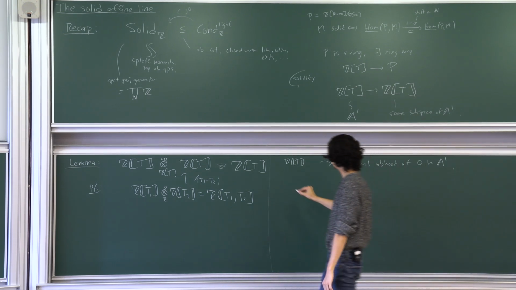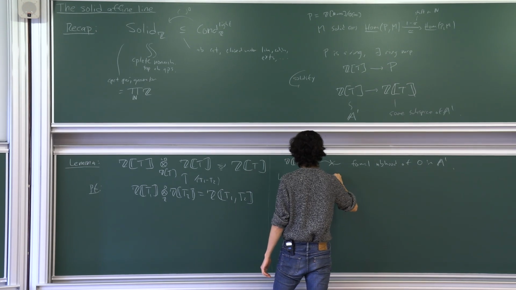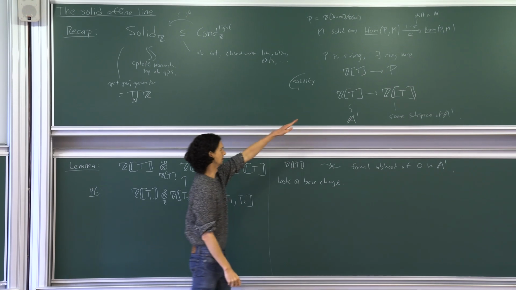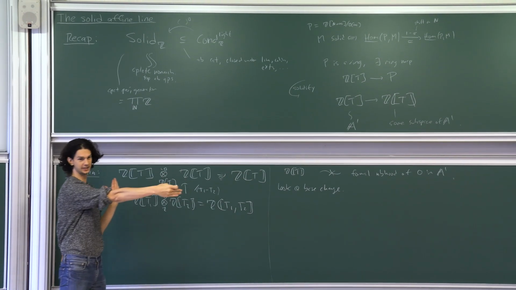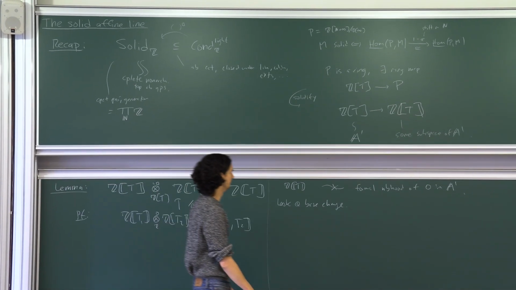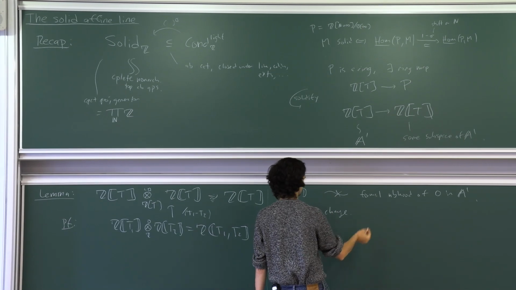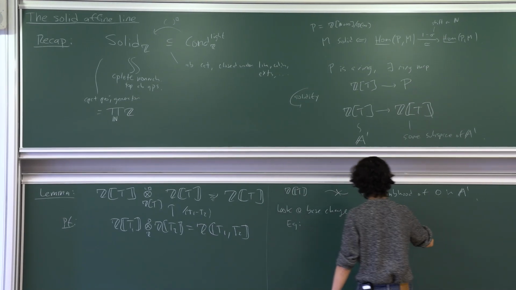So look at base change. By which I mean this is all implicitly over Z, but we could tensor it to any ring or any solid ring and see what pops up. And let me do a little calculation. So let's base change to a non-Archimedean field.